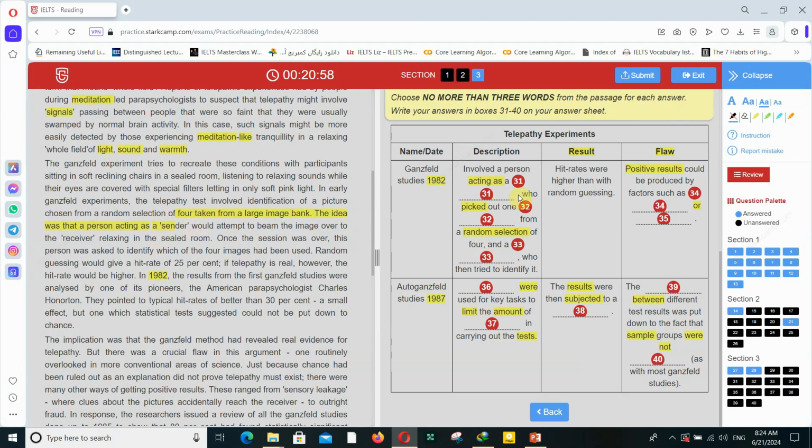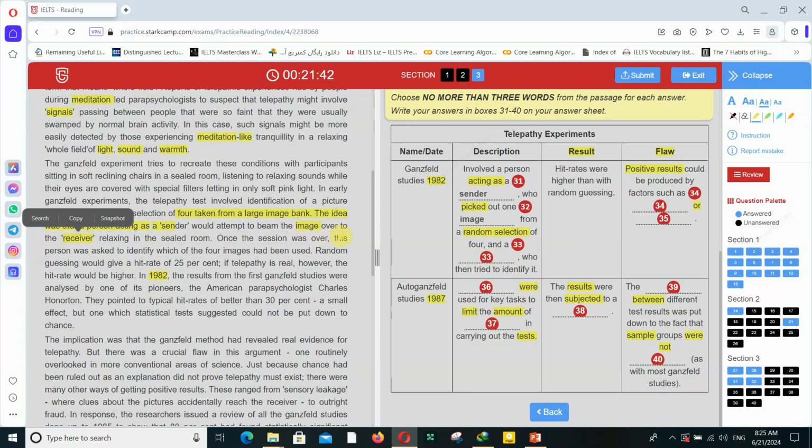Acting as a sender. So here, acting as a sender, I have to write it down, sender. Who picked out one image would attempt to beam the image over to the receiver relaxing in the sealed room, who then tried to identify it.